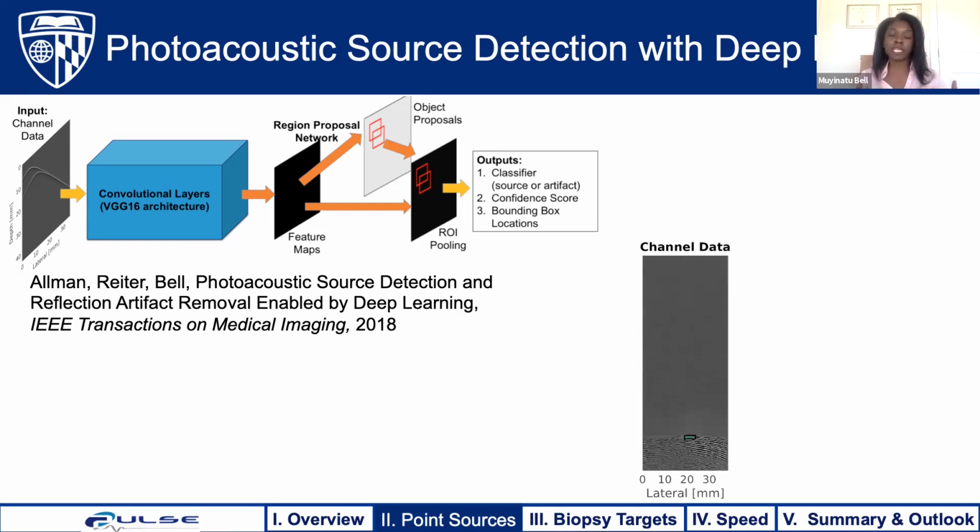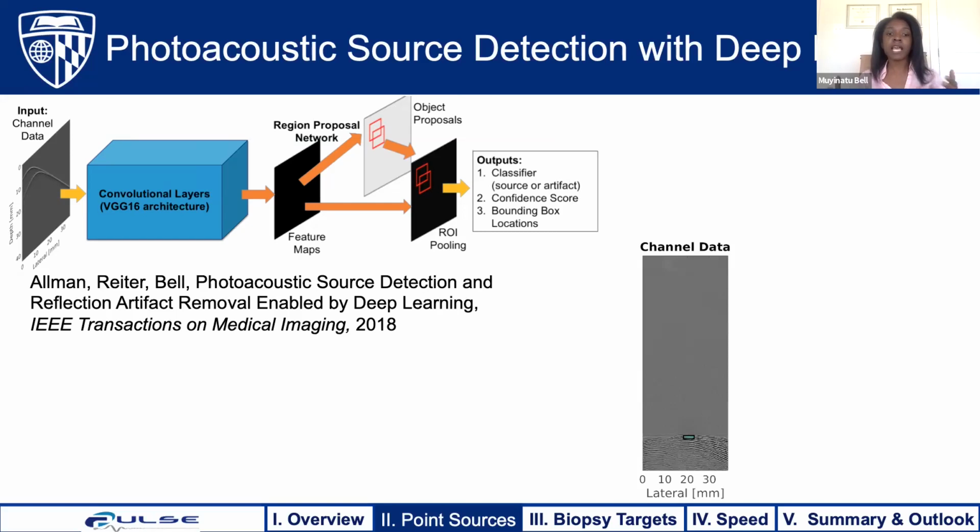And so what we believe we are learning is the unique shape to depth relationship associated with photoacoustic sources, because each depth will have a unique wavefront shape. And then we can differentiate this unique shape from a wavefront associated with an artifact, because the artifact will have an incorrect wavefront shape at any given depth.